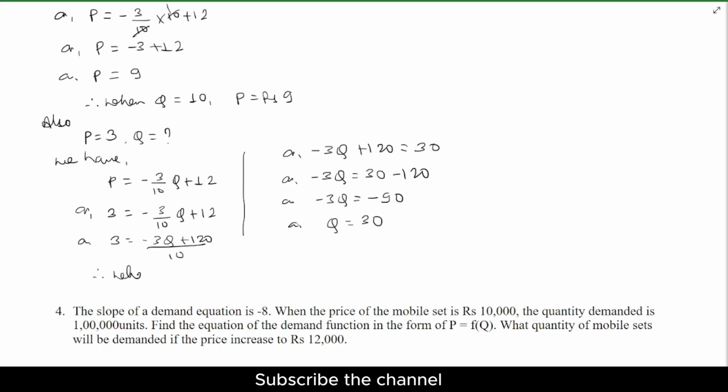Therefore, when the price is rupees 3, the quantity q will be 30 units.